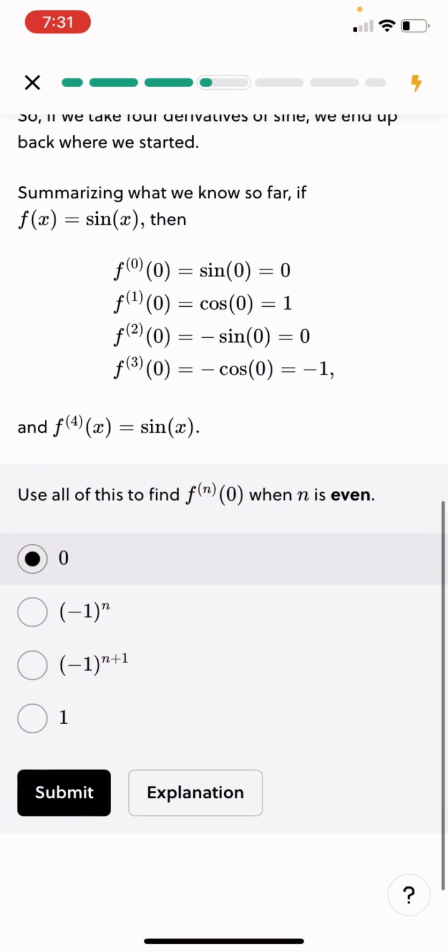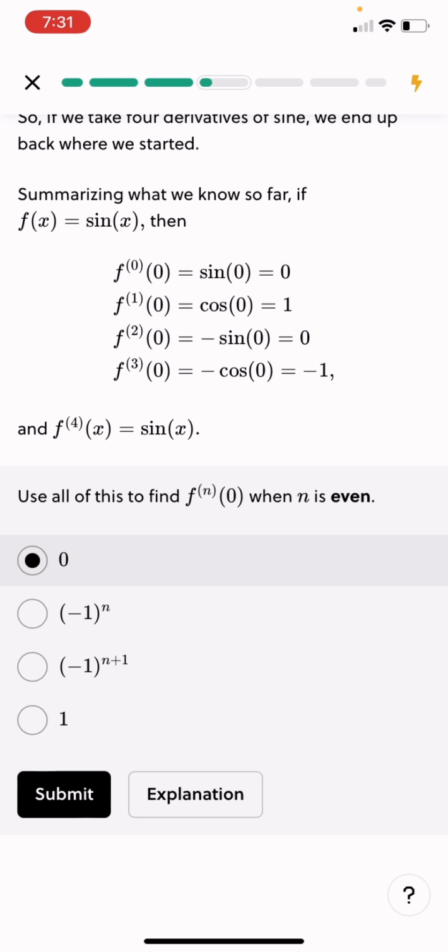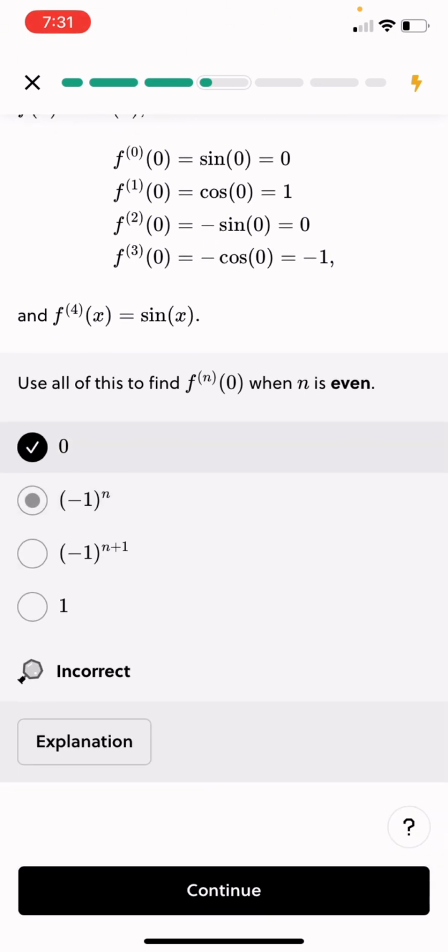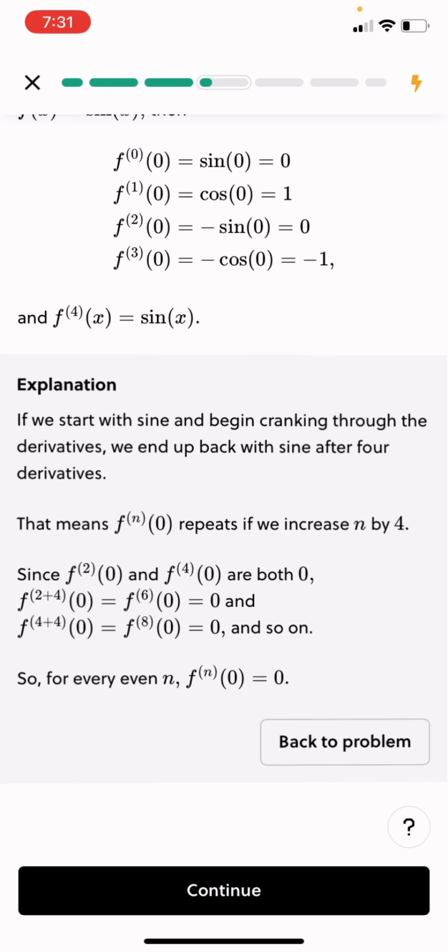I'm gonna look at it for a second, see if I can examine it. So n would be even, so it most likely wouldn't be 0. Maybe this. Oh.